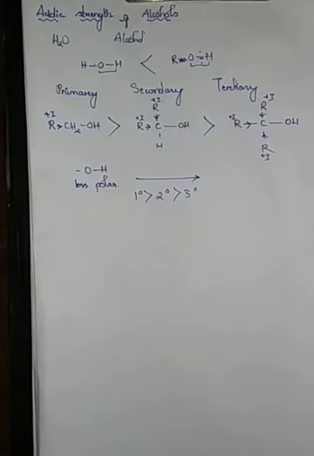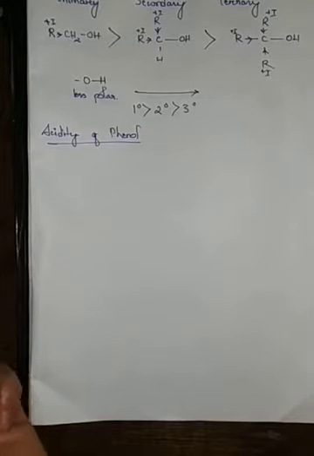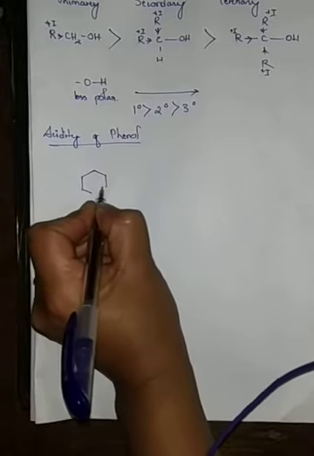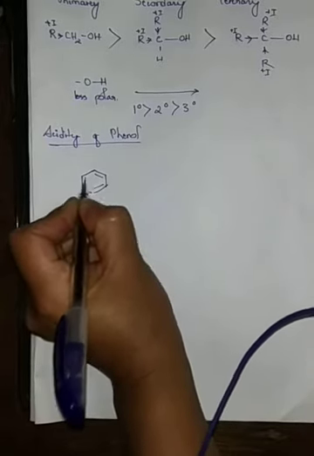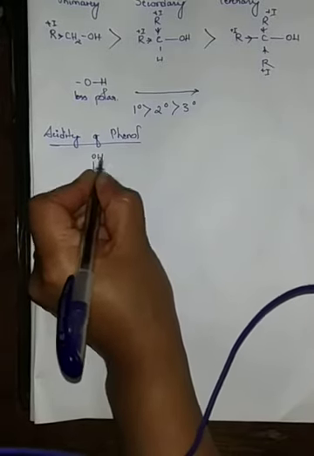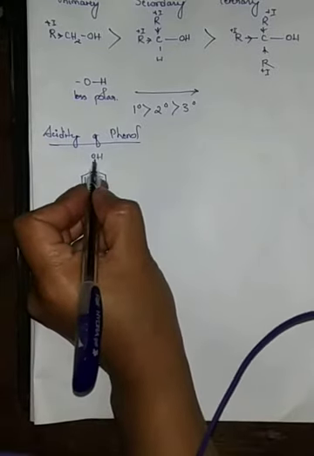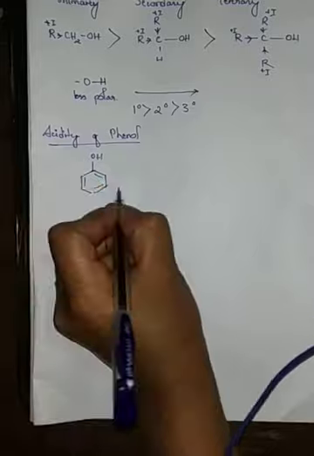Now, let's see the acidic character, the acidity, of phenol. Phenols behave like weak acids, due to the presence of the ionizable, polar OH group, which ionizes in this way.